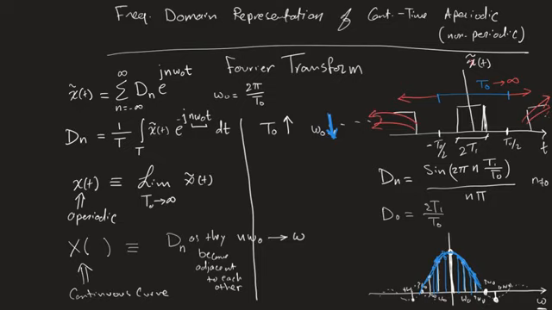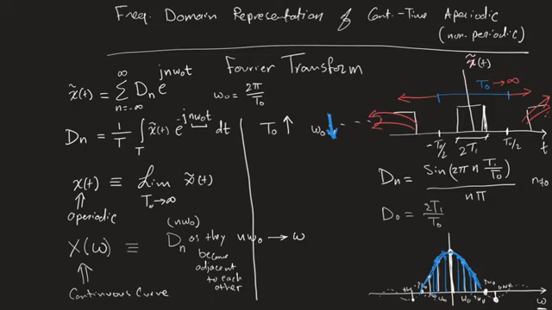The signal will now have a value at every possible value of omega. It's no longer discrete. So n omega naught, like omega naught, 2 omega naught, 3 omega naught, becomes simply the continuous variable omega, and this becomes a function directly of omega instead of a function of n omega naught.